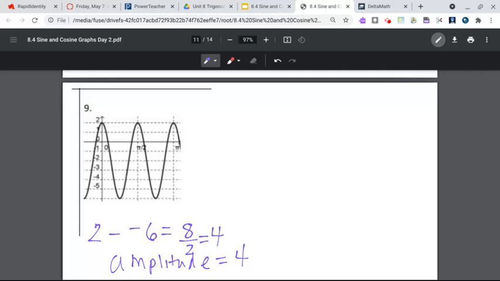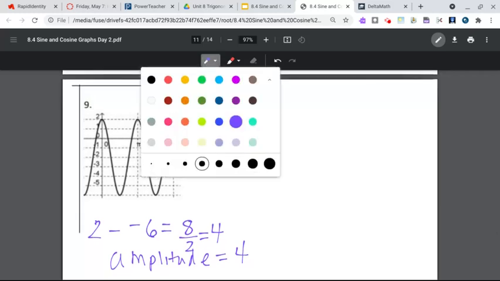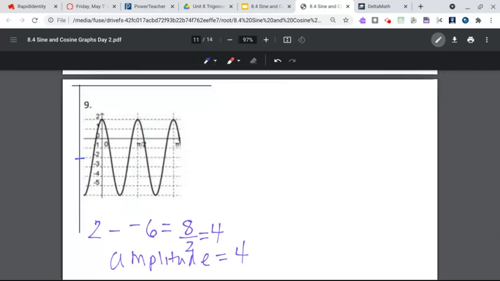I'm just going to go 4 up from the minimum, which leaves us here at negative 2. Remember with that other example, it's 4 up from the midline, you reach your maximum. 4 down from the midline, you reach your minimum. Okay, so our equation of our midline is y equals negative 2.